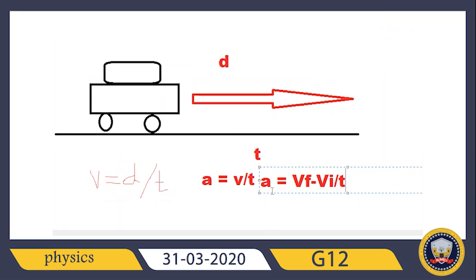The acceleration depends on the velocity divided by time, and the velocity is a vector, which has magnitude and direction. In a straight line, the direction is constant and the magnitude is constant, so the acceleration equals 0.